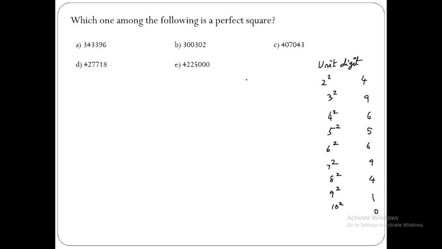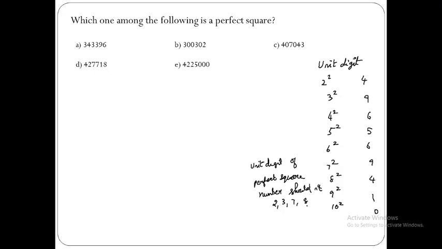What are the digits that do not appear? 2 is not coming. 3 is not coming. 7 is not coming. 8 is not coming.